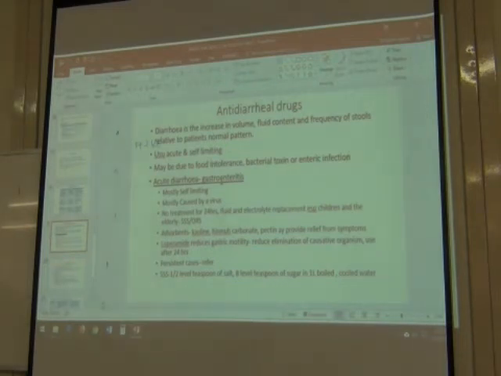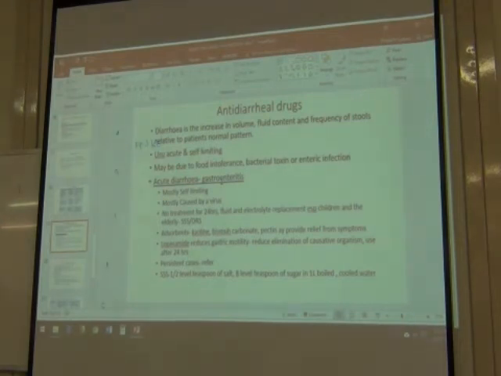Okay. Loperamide is not advised within the first 24 hours because if it's a viral-induced diarrhea, you want the patient to keep passing the feces to flush out the virus. If they keep passing the stool, they would eventually flush out the virus.